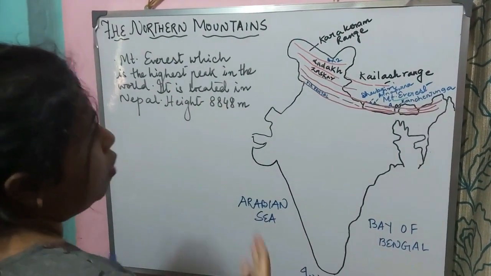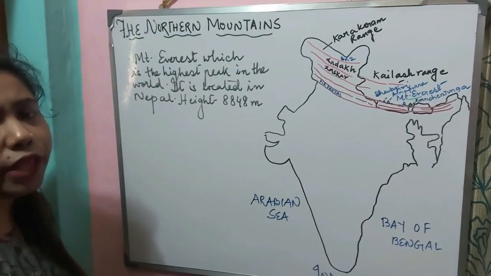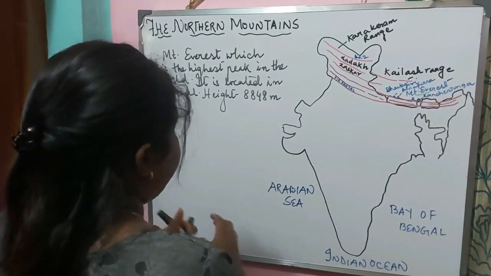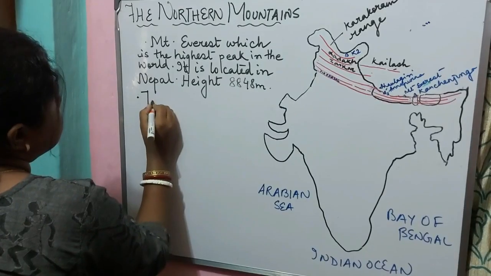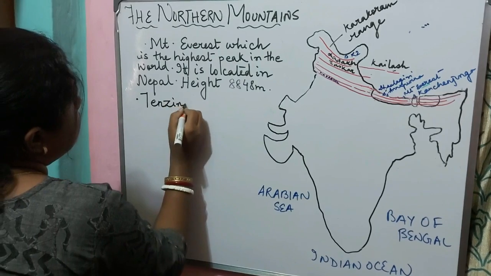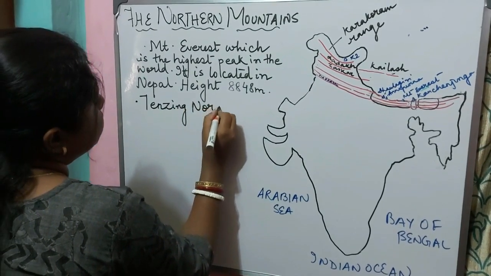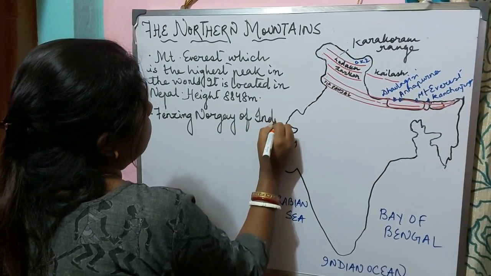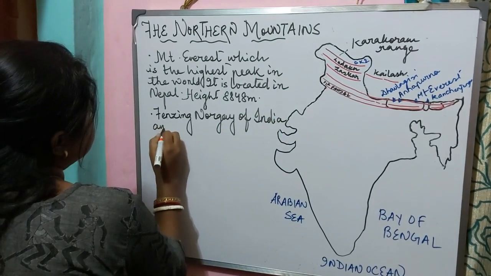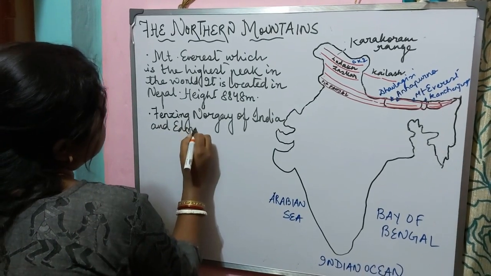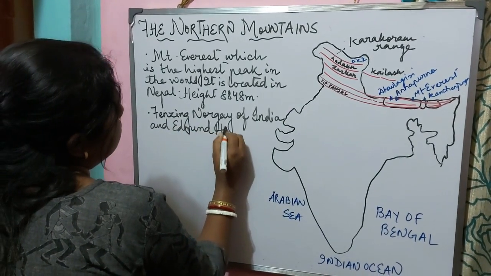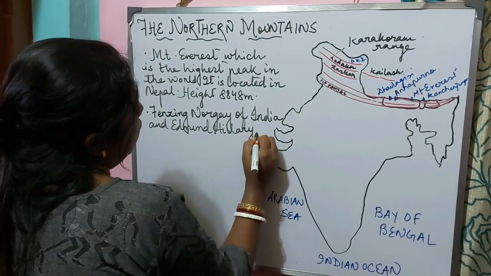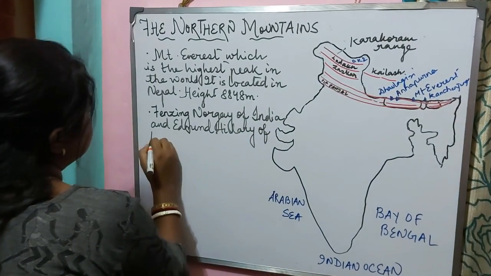Now Mount Everest is fully covered with snow. There were two persons, Tenzing Norgay, who belongs to India, and Edmund Hillary, who belongs to New Zealand.